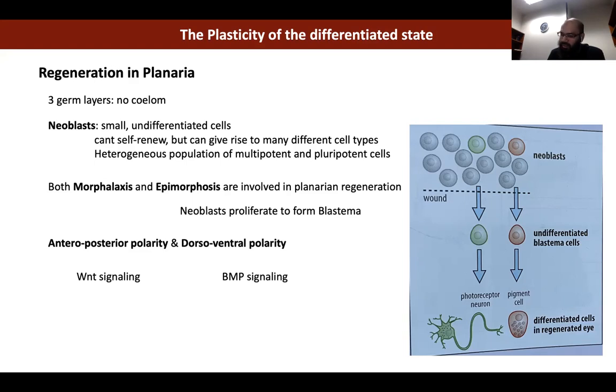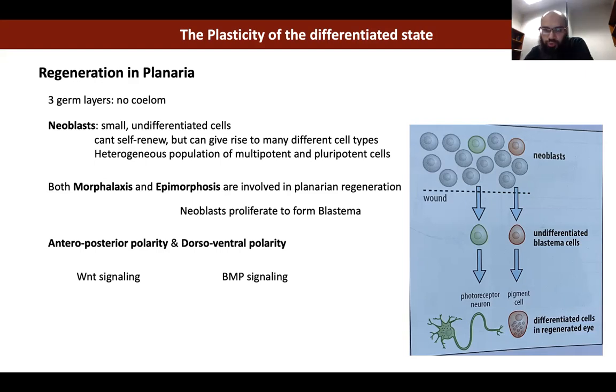They can be considered multipotent progenitors, so they can give rise to different cell types. There is a heterogeneous population of these cells, and it was later found that there are both pluripotent and multipotent cells.